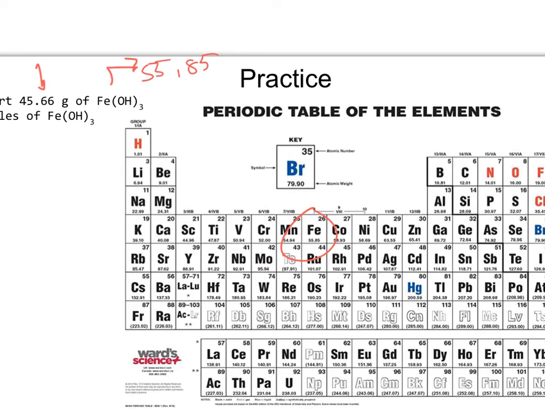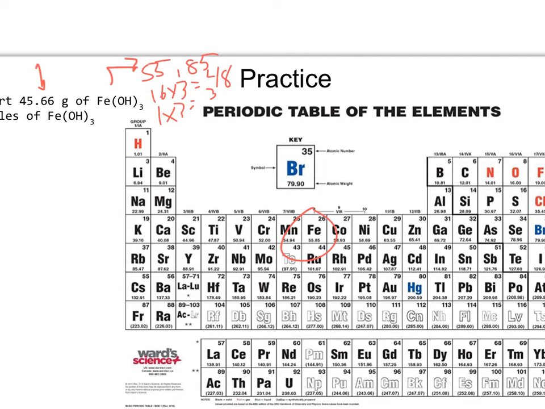Okay, and then we have oxygen and hydrogen times 3. You can do this either way. You can add the oxygen and hydrogen together in the parentheses and then multiply by 3, or you can do the oxygen times 3, the hydrogen times 3, and then add those two together. It works out the same either way. The oxygen is 16 times 3 is 48. The hydrogen is 1 times 3 is 3.